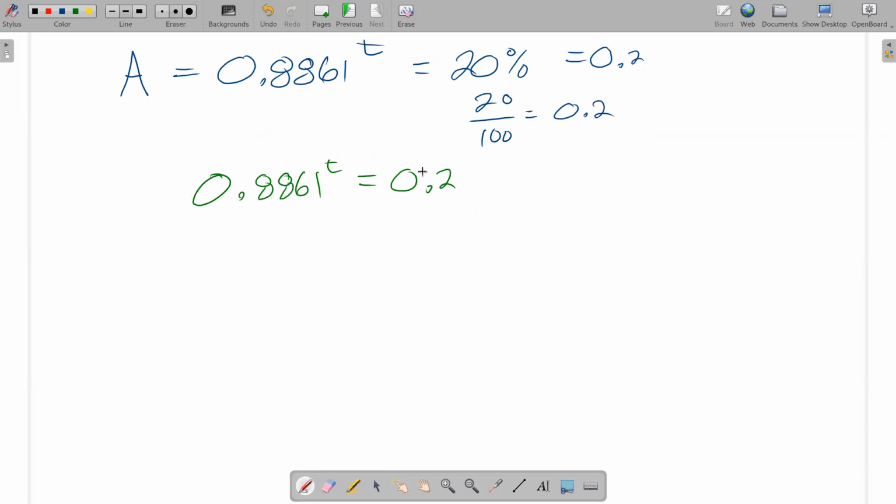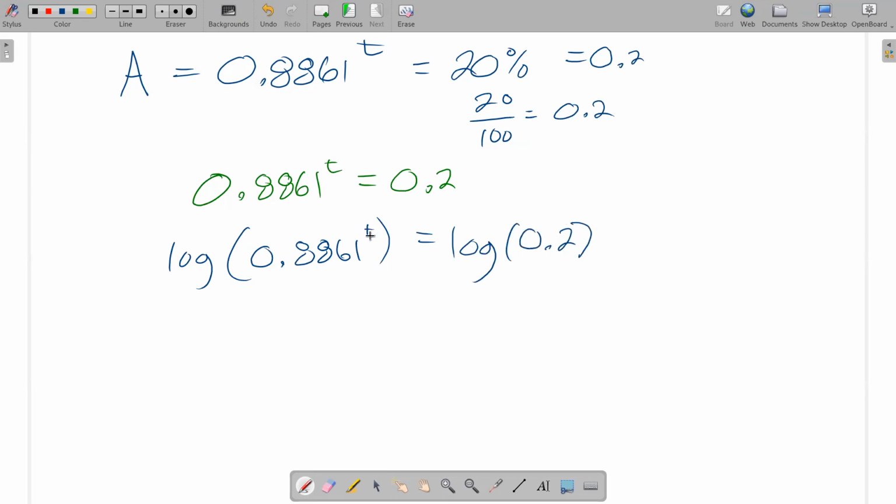Now there's no multiples here, so I can just jump right to a logarithm. So I take the logarithm of each side, log of 0.8861 to the power t has to equal the log of 0.2. The t on this side pops out as a multiple. Now I just have this multiple of t.